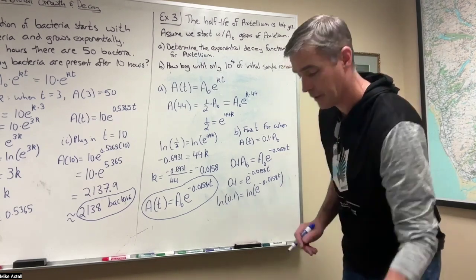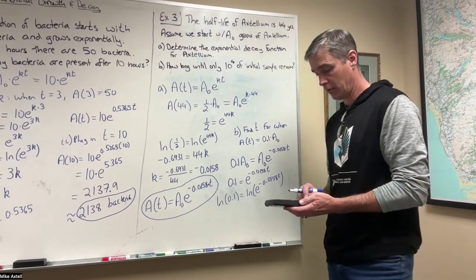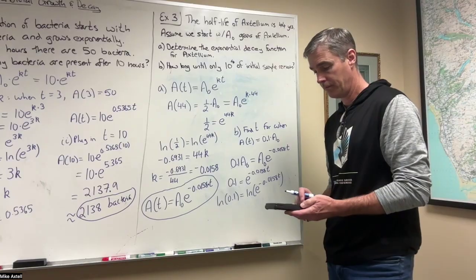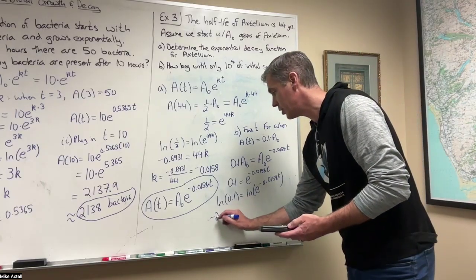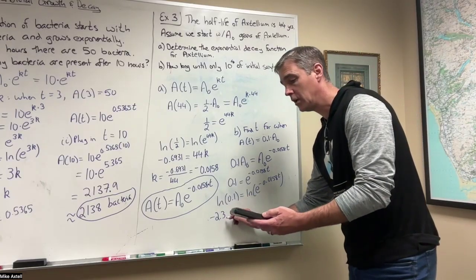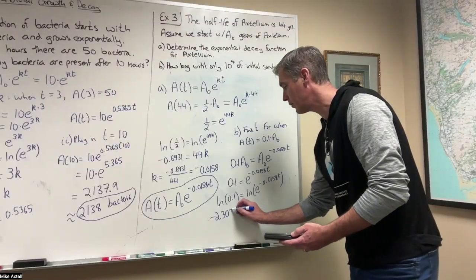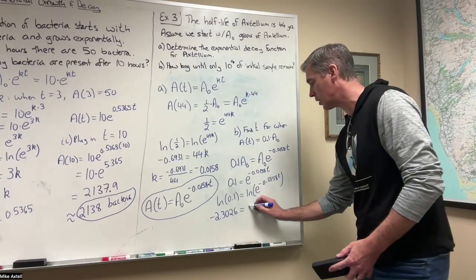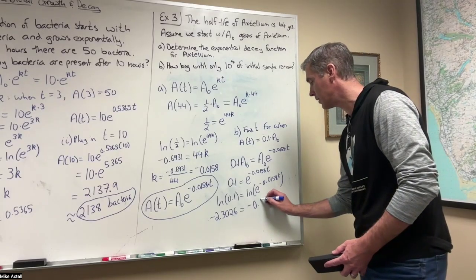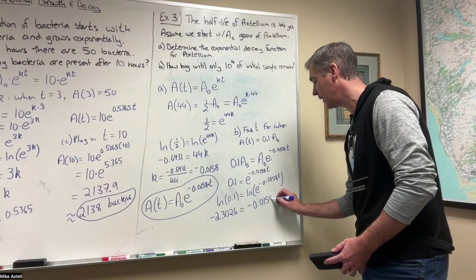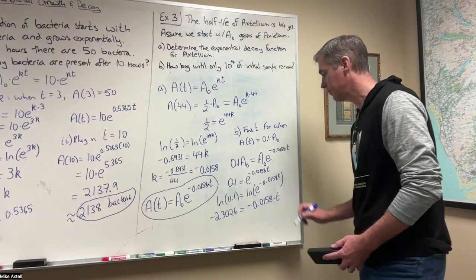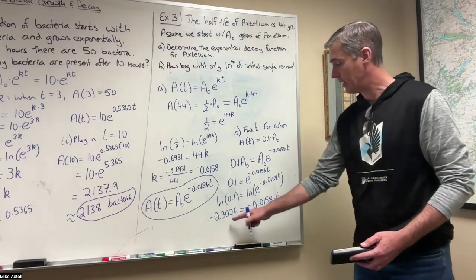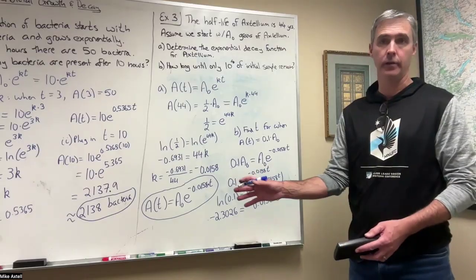All right, so I'm going to calculate the natural log of 0.1, so ln 0.1. That gives me negative 2.3026 if I round to 4. And over here, ln and the e kill each other off, and I get minus 0.0158 times t.